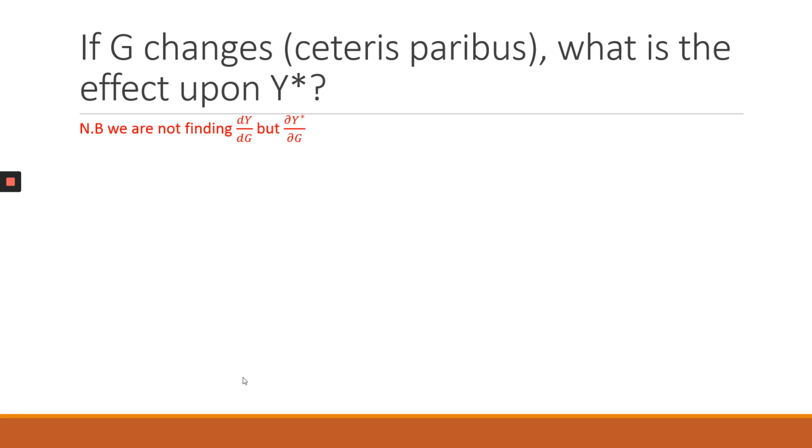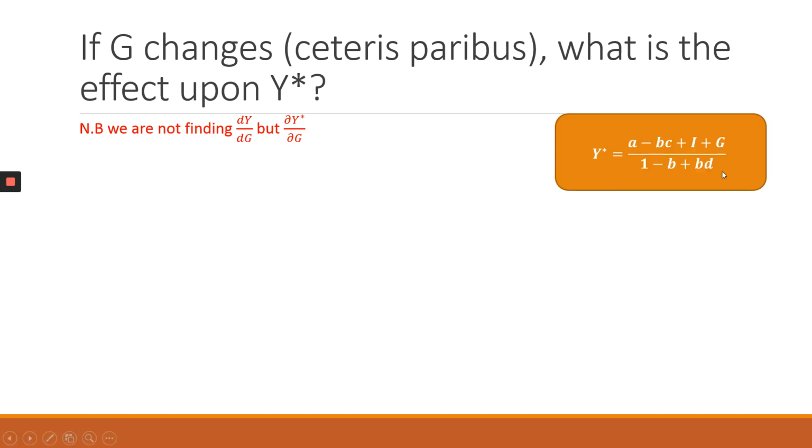So because our function of Y star is made up of a number of exogenous variables, what we want to find is the partial derivative of Y star with respect to G, not the total derivative represented by the letter d. Okay, so keeping in mind our equilibrium solution, we are basically going to be differentiating that equilibrium solution, right?